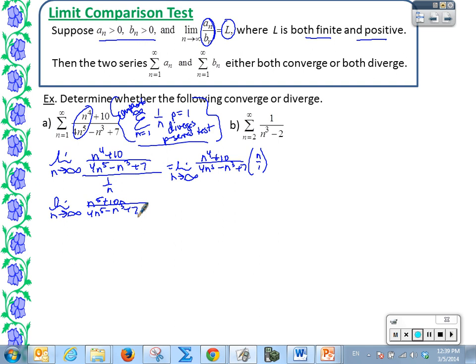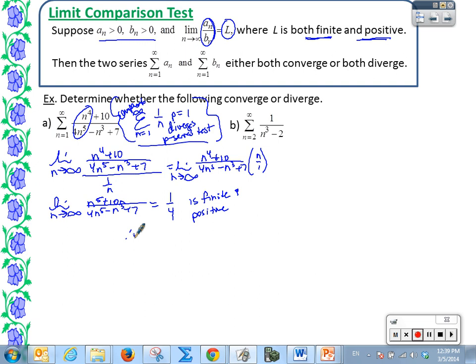So I would bet the majority of us are at the place where we can just look at this limit and say what it is without doing anything algebraic. Right? This limit is 1/4. So 1/4 is finite and positive. Therefore, our original series diverges.